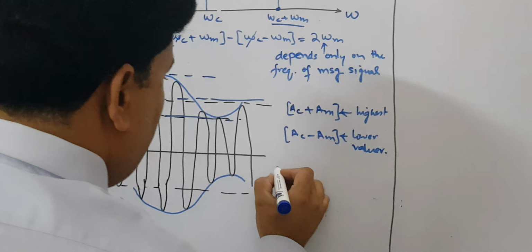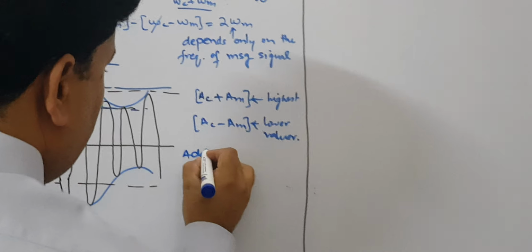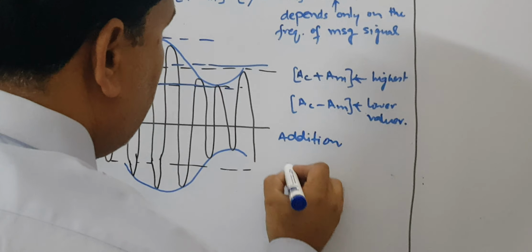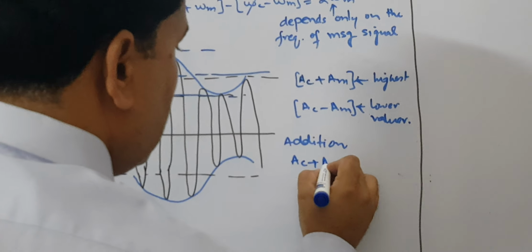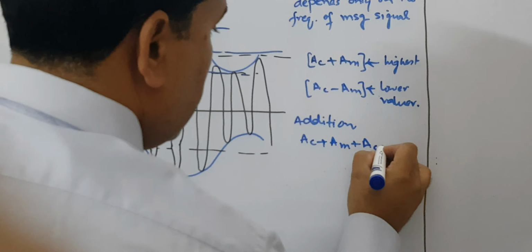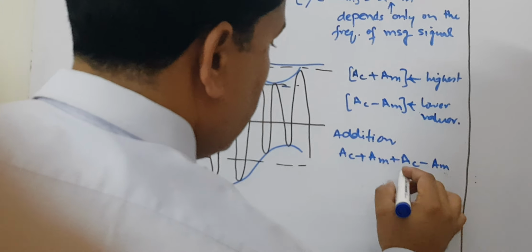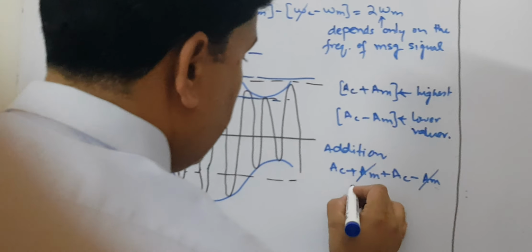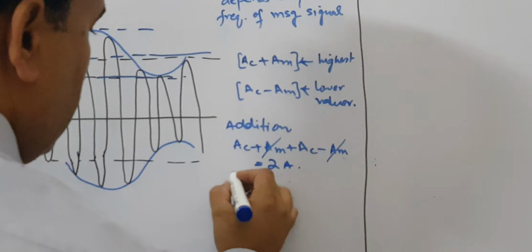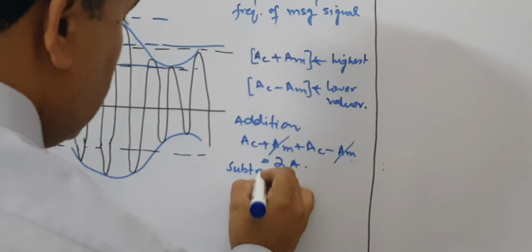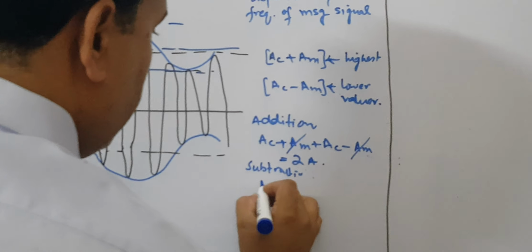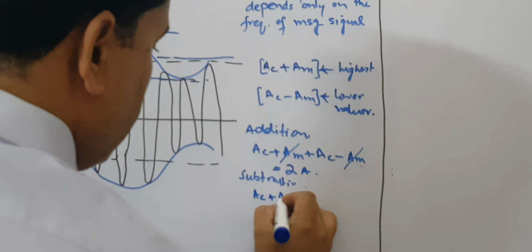Their addition gives AC plus AM plus AC minus AM, so the AM cancels out and the remainder is 2 AC. And the subtraction, AC plus AM minus AC minus AM, the AC cancels out and the remainder is 2 AM.